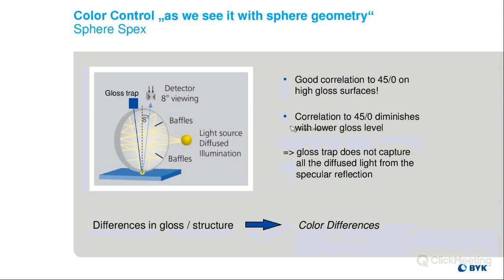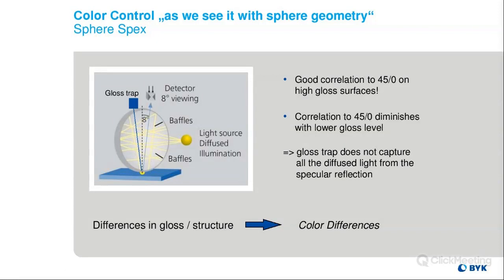And then we also have the sphere specs, which stands for specular excluded. It's also referred to as SCE, specular component excluded. And so it's the same as the sphere spin, except with the introduction of this gloss trap. What that does is it eliminates the specular reflection from getting to the detector.